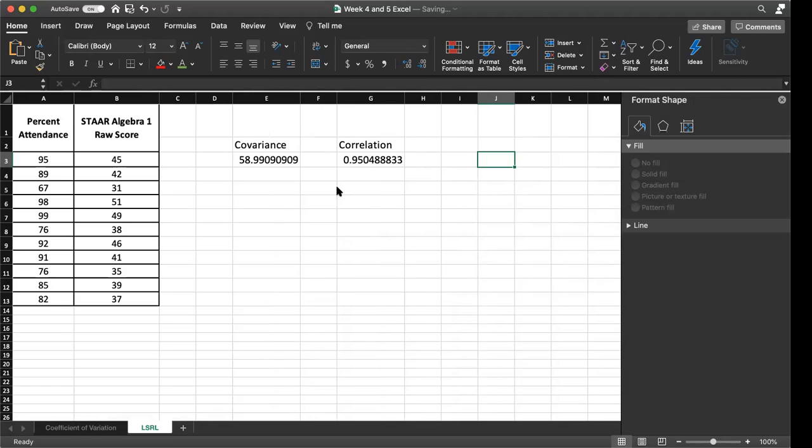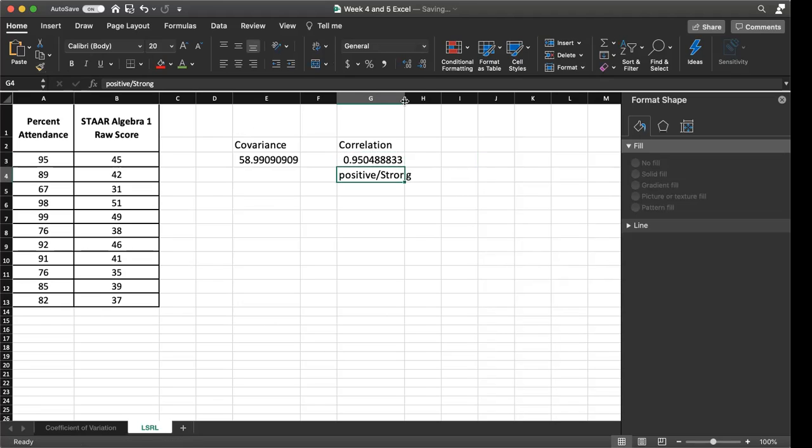The other thing I want to know is, is the data strong? Is the linear relationship strong, moderate, or weak based off of R? Strong. So here we're going to say that this correlation is positive and strong based off of R, right? Positive and strong.